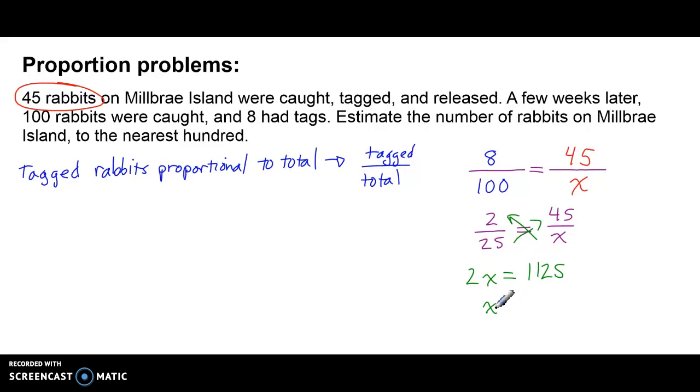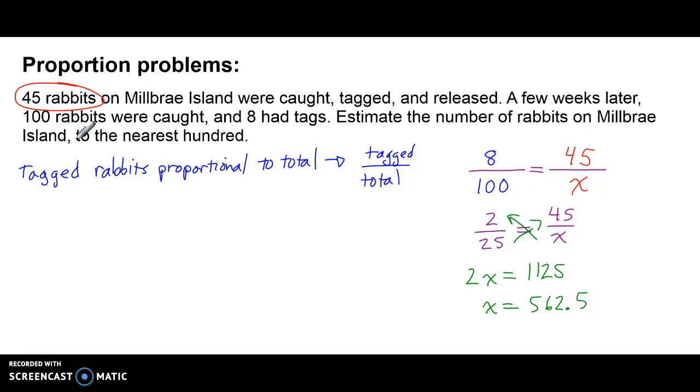Divide by 2. And you get a fraction, which doesn't mean that there's like half a rabbit out there. Yuck. I mean, that's kind of gross. But what that means is this is not a perfect process. Those rabbits that you caught last week, they're probably still kind of in the same area, so it's probably not a perfect proportion of the whole island, so you don't expect this to be an exact answer.